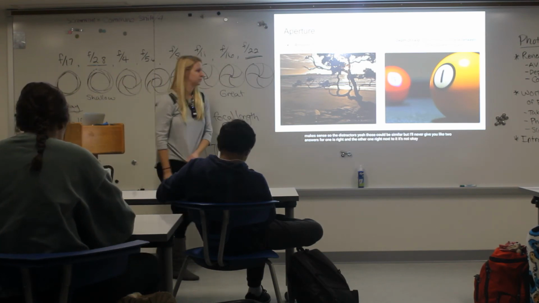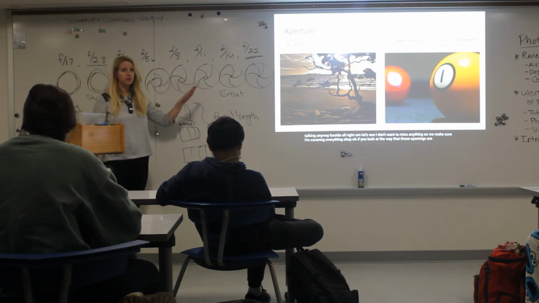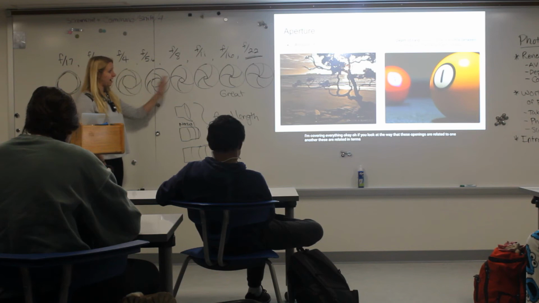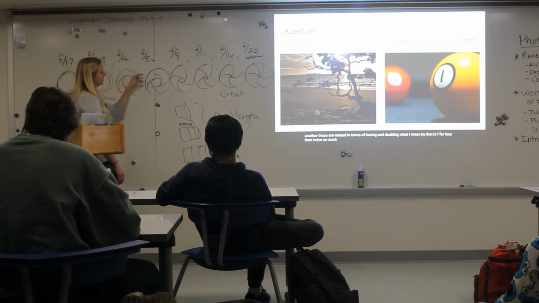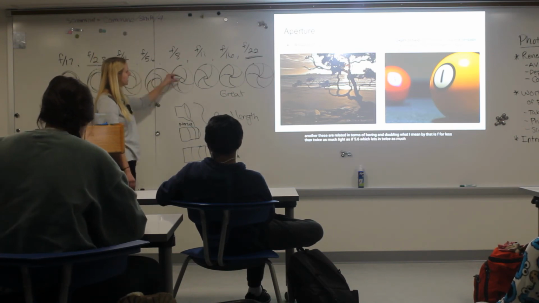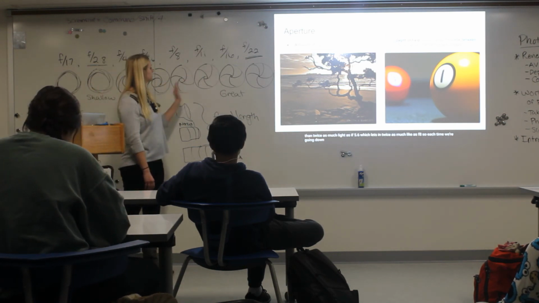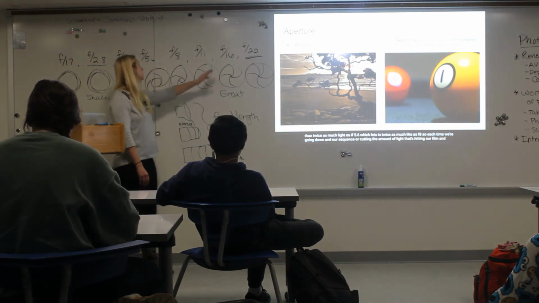Okay, so if you look at the way that these openings are related to one another, these are related in terms of halving and doubling. What I mean by that is f4 lets in twice as much light as f5.6, which lets in twice as much light as f8. So each time we're going down in our sequence, we're cutting the amount of light that's hitting our film in half.